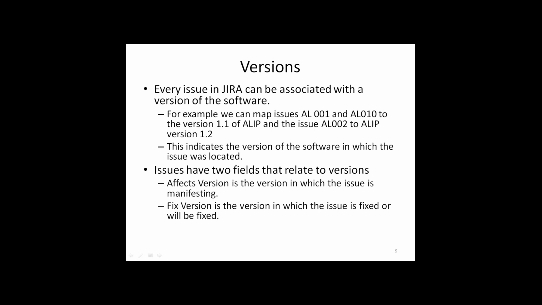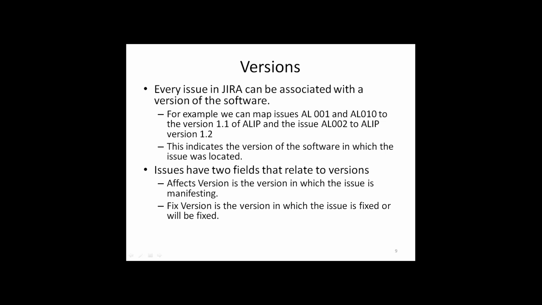For example, you may have found two issues, AL001 and AL010, in the first version of ELIP, that is the project, and the issue AL002 in ELIP version 1.2, the second version. This way you can associate the version with the issue. This indicates the version of the software in which the issue was located.